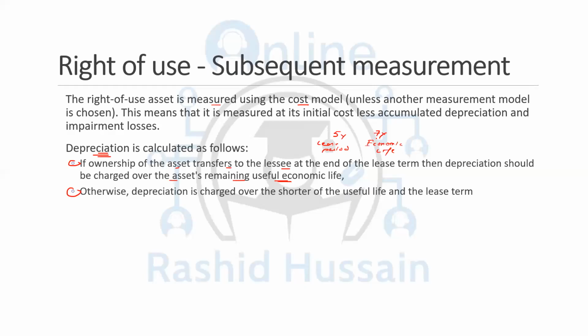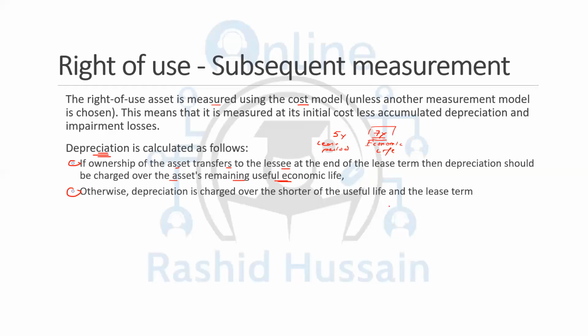And it states that the ownership of the asset will be transferred to the lessee by the end of the lease period. That means the lessee will be using the asset for 7 years instead of 5 years, because after 5 years, the lessee will have the asset and use it for another 2 years. In that case, the depreciation should be charged on 7.